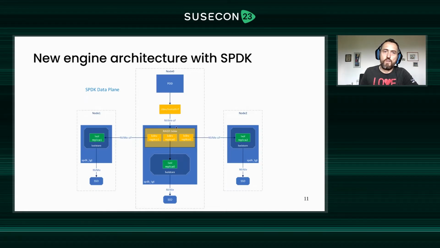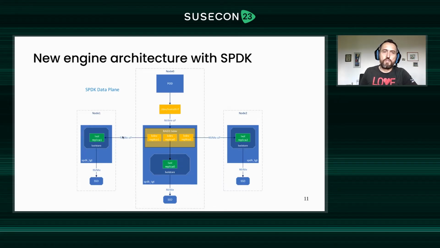In case of a write operation, it replicates the data over all the replicas. In case of a read operation, it has a round robin technique to split the reads between different replicas. Every replica is a BDEV that is created, in case of a remote node, by attaching to an NVMe over Fabric subsystem exported by the remote node.